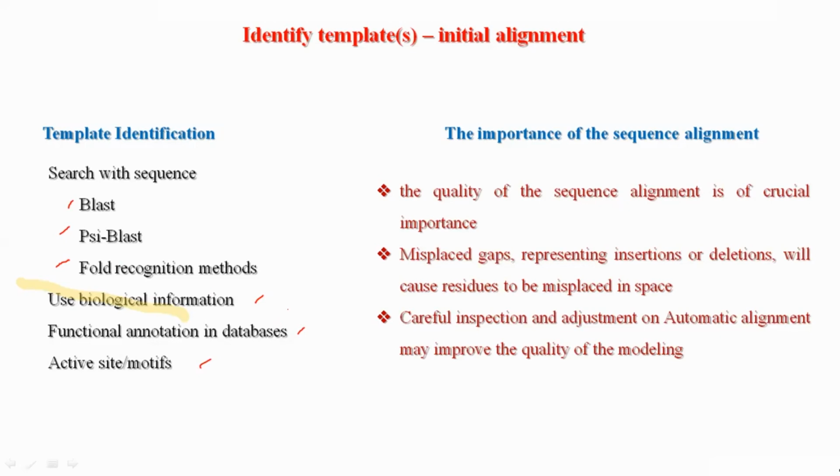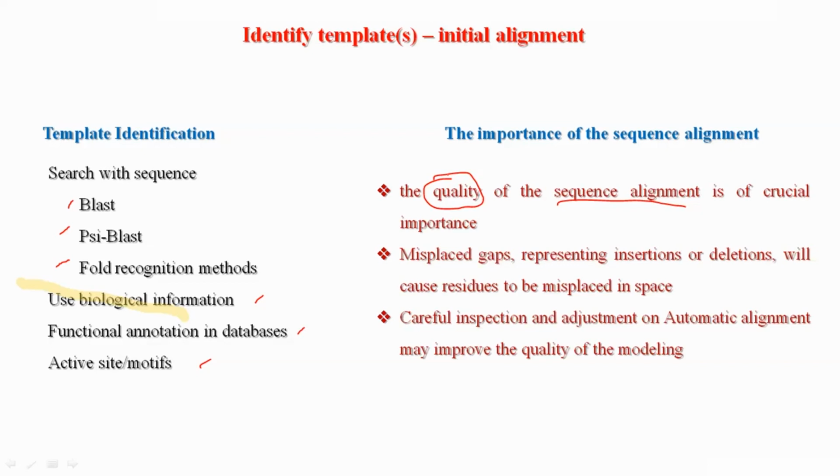And what is the importance of sequence alignment, why do we need to perform the alignment to get the template? Because the very crucial thing is sequence alignment quality. How much our target sequence and the template sequence are aligned per residue is important.